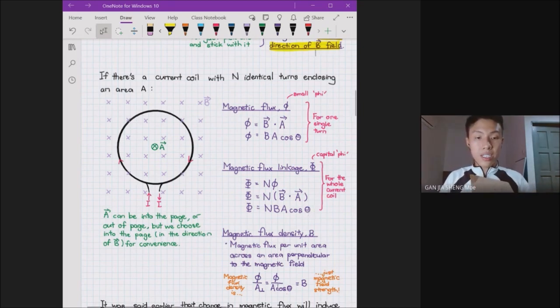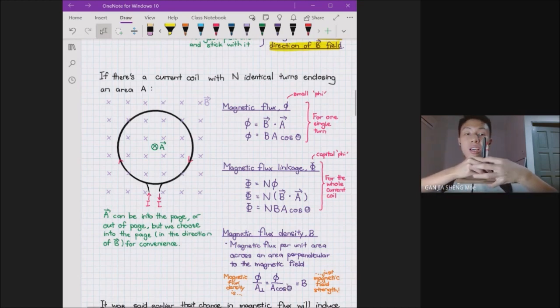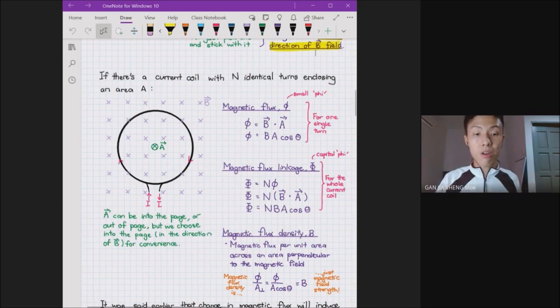But when you try to find A perpendicular, why do you use cos theta? Usually perpendicular is sine, right? It's because this theta is the angle between B and A, and it's 0 degrees. Usually when we say perpendicular, the angle is between the plane and the magnetic field, and that is 90 degrees. So it's sine 90 degrees, but that is equivalent to cos 0 degrees. This one is cos theta because it's the angle between the area vector and the magnetic field.